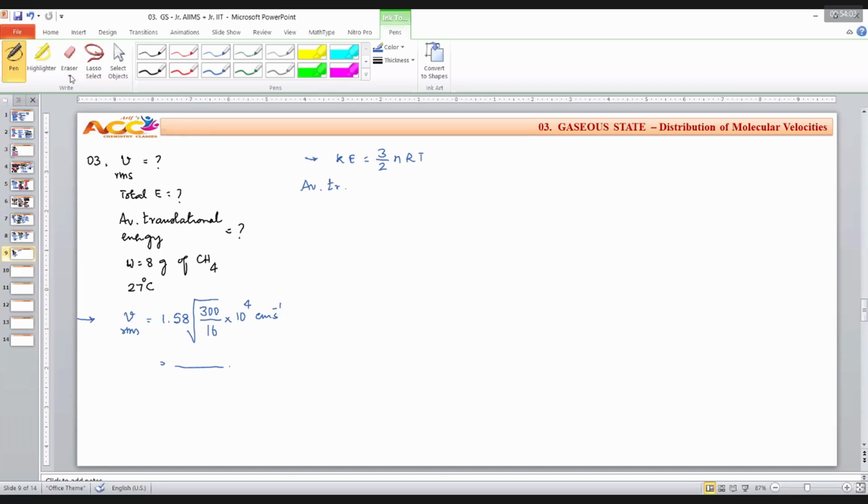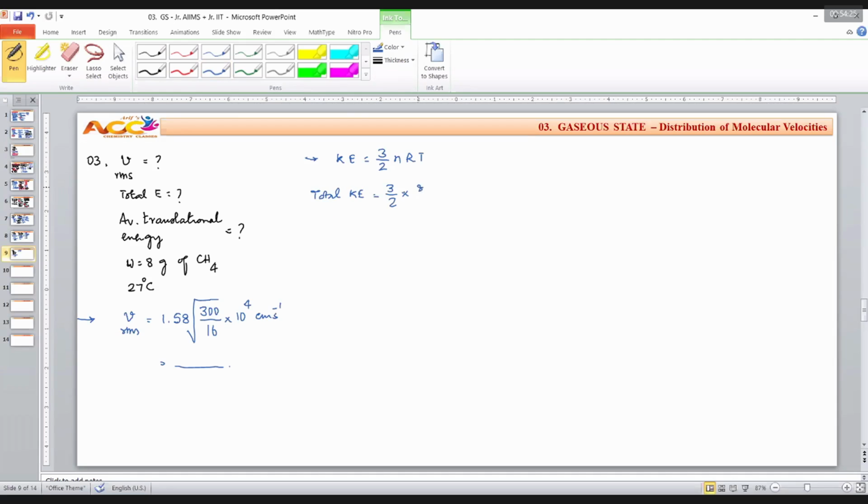But the question is, when he is saying total and translational, it is because he is asking about 8 grams. So for that purpose, how do you proceed? Very simple, sir. Let us take the first one, total kinetic energy is equal to 3 by 2 N. What is N?